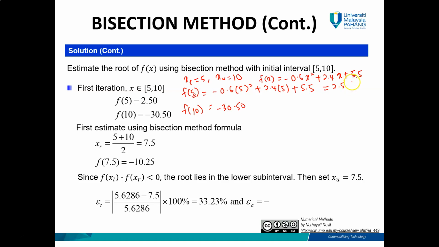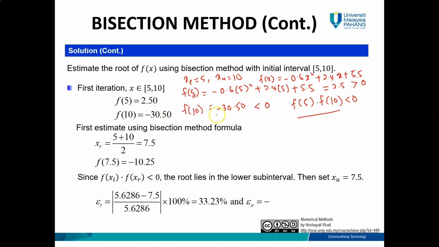We can see here this one is greater than 0, so this one is less than 0. That means f(5) times f(10) is less than 0, so it's guaranteed that in this interval there is at least one root. Once we identify that the multiplication of both functions is less than 0, we can go to step number 2.